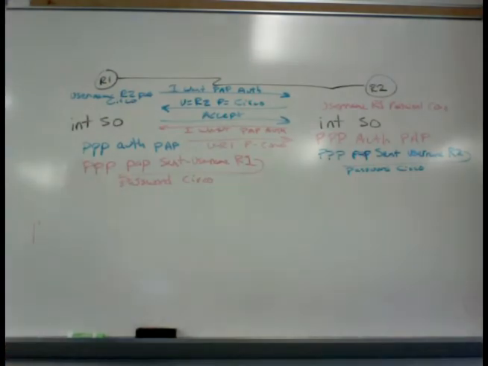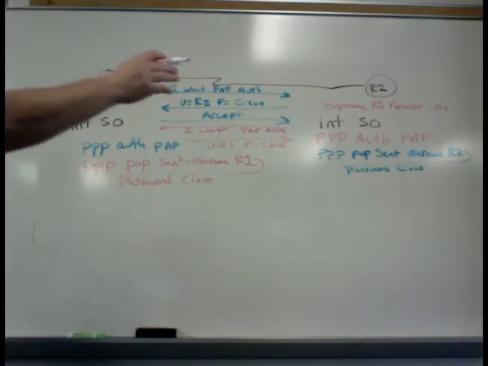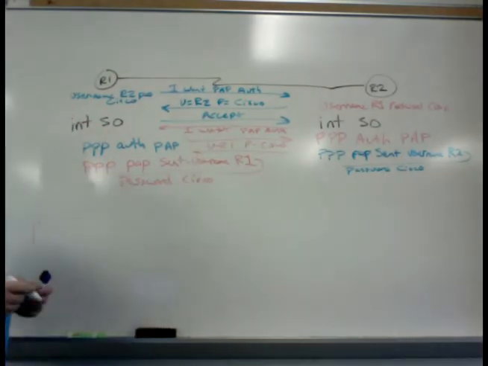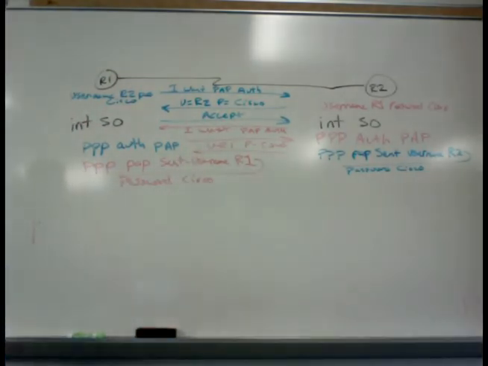Right? We validate it, it passes, we send back an accept when we're done. So do you see how the way they have it portrayed here, we are actually authenticating in both directions. There's two authentication processes happening. The one that's controlled by the blue commands and the one controlled by the red commands.